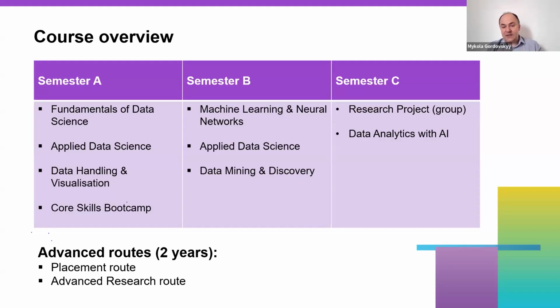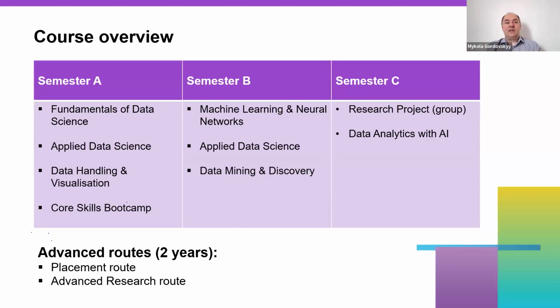And then the third semester, this will be the third semester for the advanced research route, and for the 1 year route, students will do the research project. It will be in groups of 8 students. Students will come every week and they will work remotely as well.